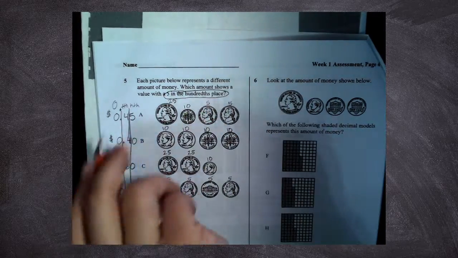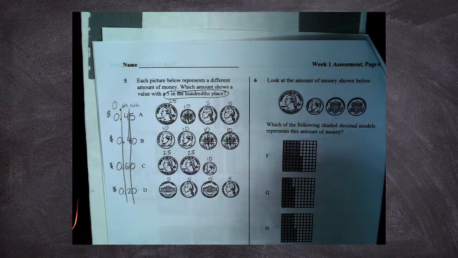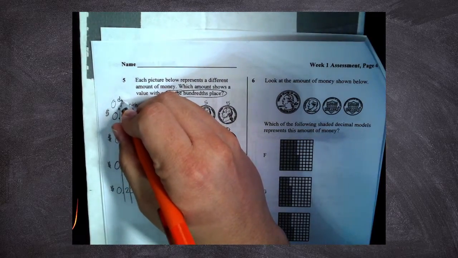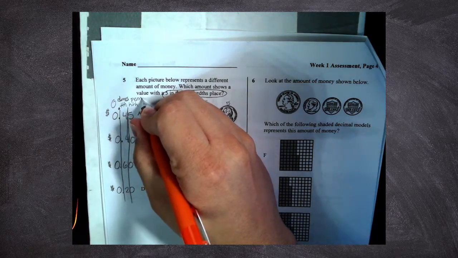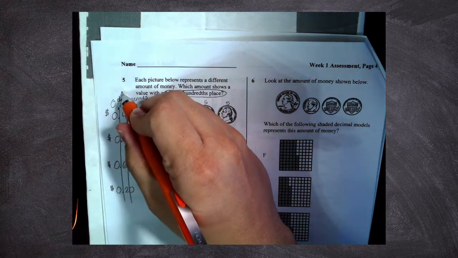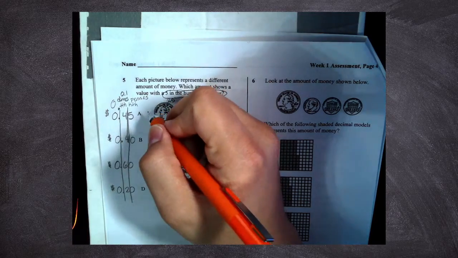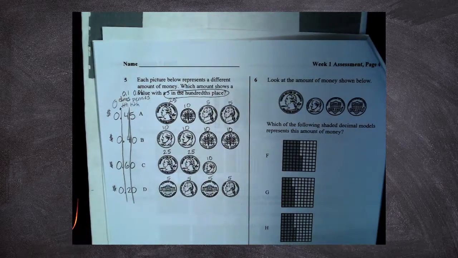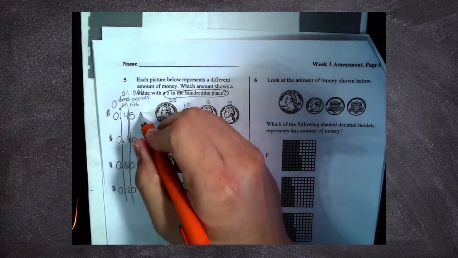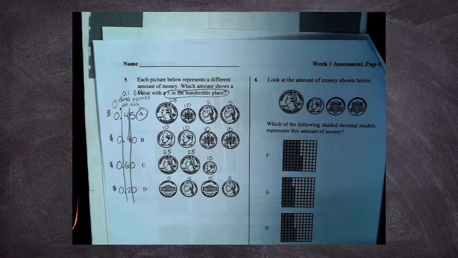Oh, and before I forget, since it does have decimals, the tenths are my dimes, hundredths are my pennies. 0.1 for the tenths. 0.0 for my hundredths. But you're absolutely right, Ezekiel. There's only one answer choice that has a 5 in the hundredths place.